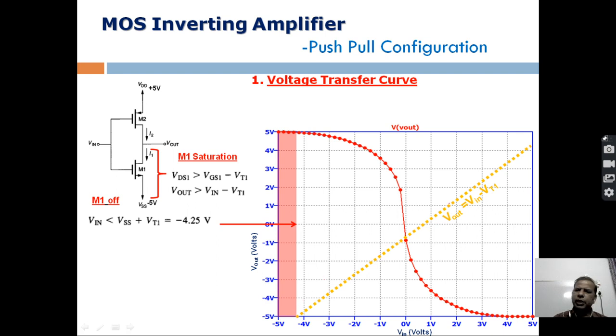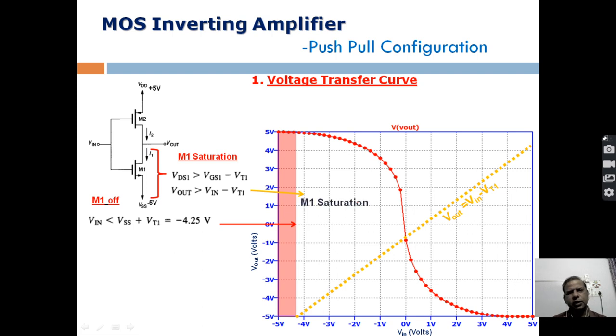This line will now act as a boundary which will decide the voltage ranges where the device will be in saturation. When the output voltage is greater than this line, somewhere here, and the device is biased in this portion, the device M1 will be in the saturation region.